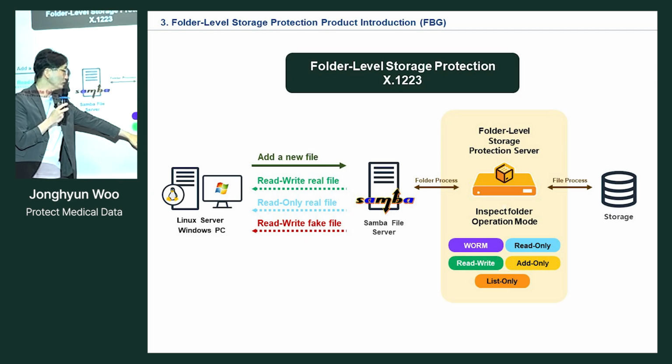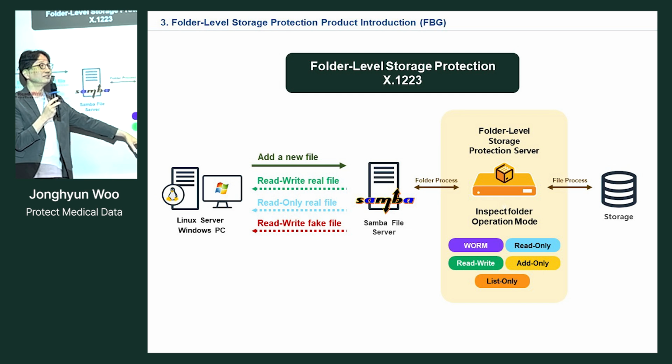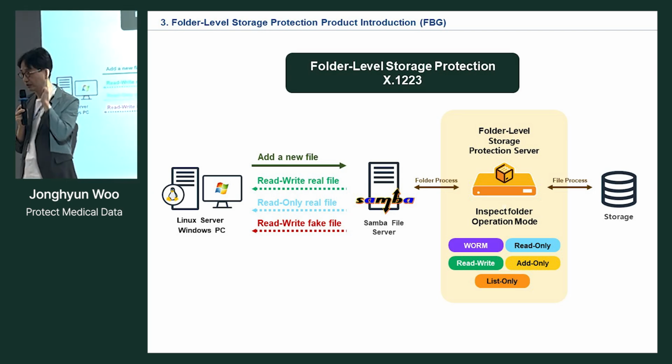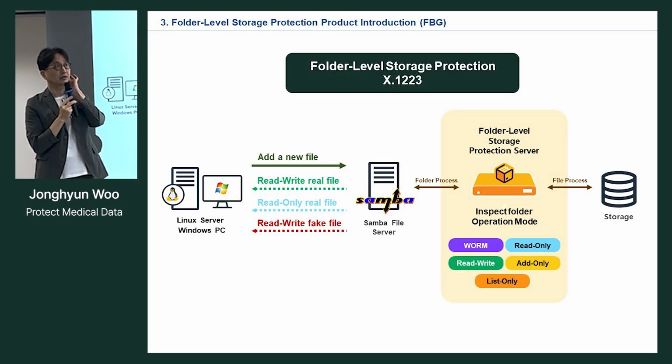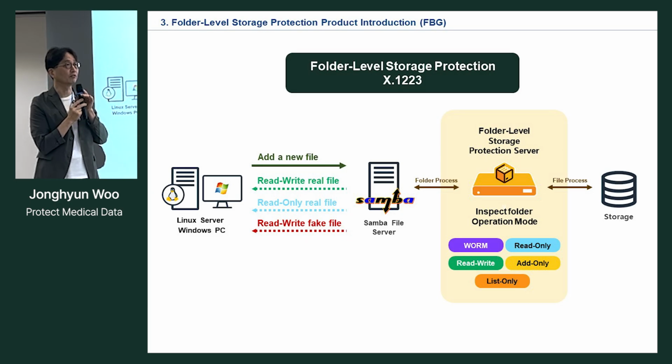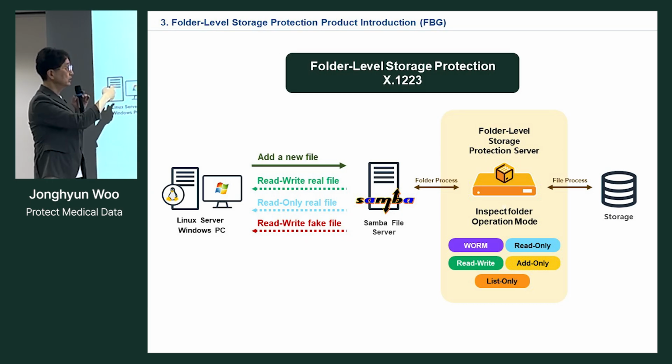And list only, you can see the list of files, but it does not allow you to read the files. And lastly, if you switch to read write, any user account can read, write, and delete. It changes to a typical file server. So you can set the operational mode folder by folder.